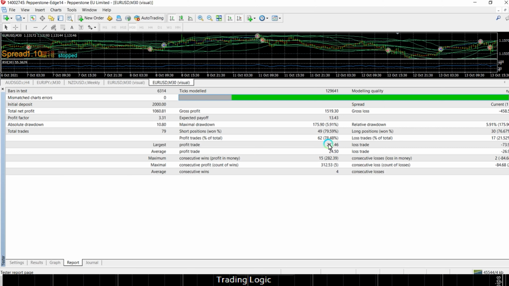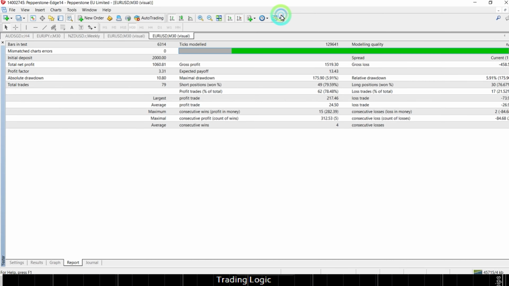Our profitable trades are almost 80%, and that is insane because we have an almost 1-to-1 risk to reward ratio.